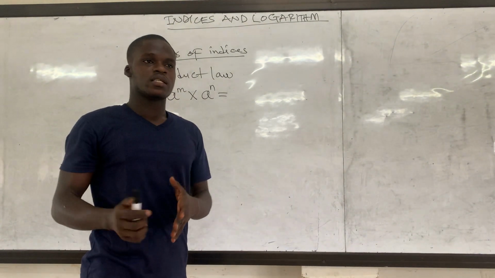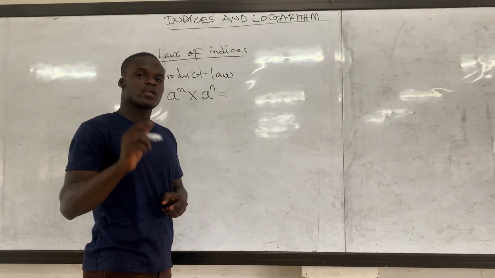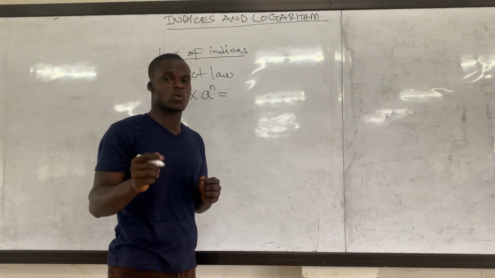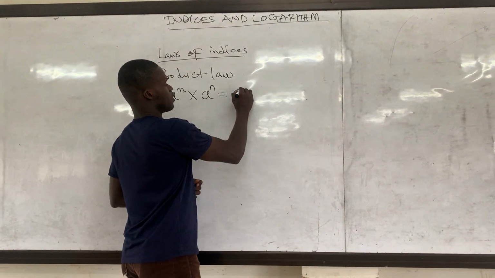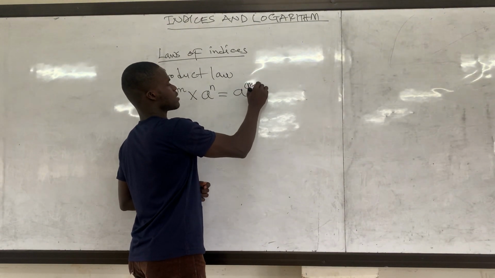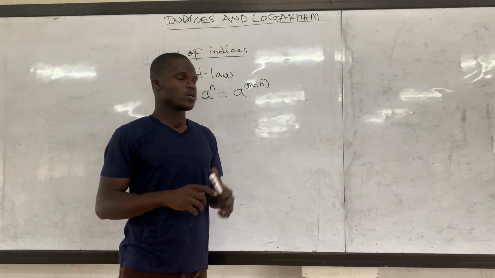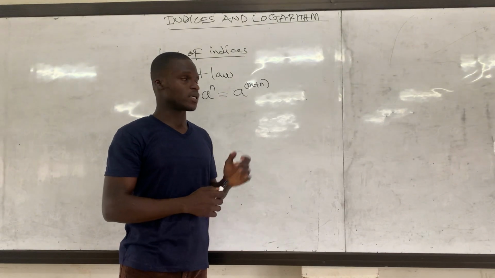Now, according to indices, this has to be solved this way. You maintain one of the bases and then you add the exponents. As simple as that. So a exponent m plus n. So simple. And this is what we call the product law. You maintain the base, then you sum up the exponents.